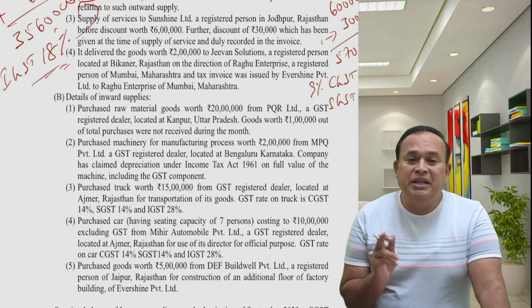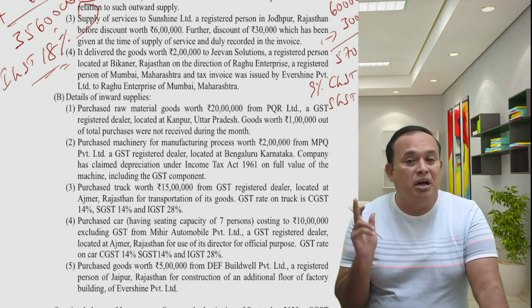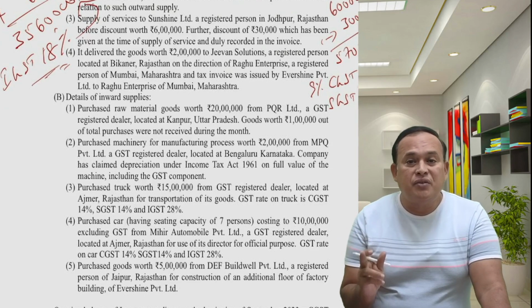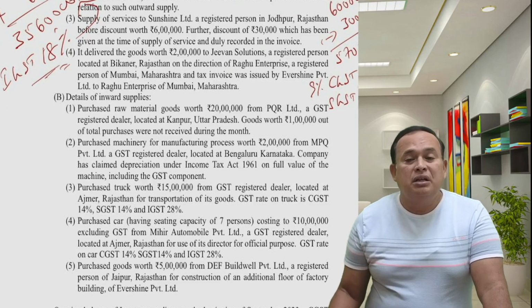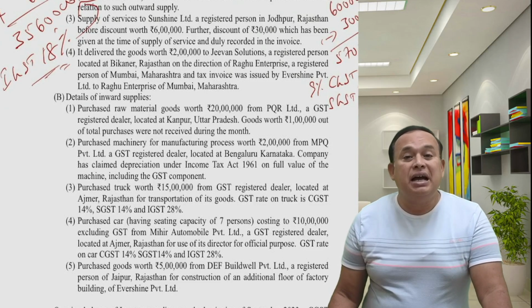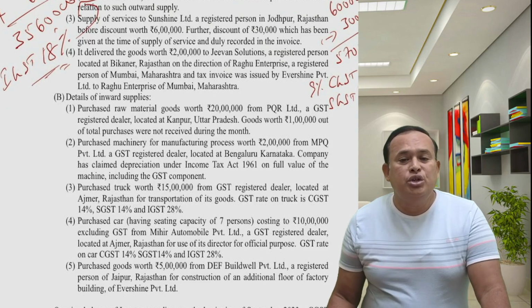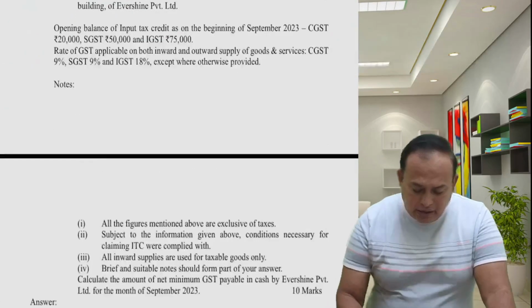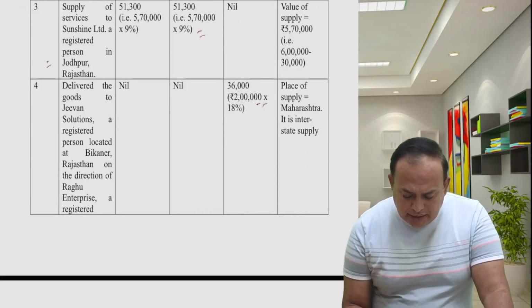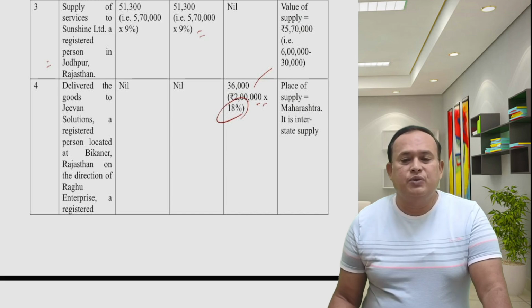However, upon the direction of a third person who is located in Maharashtra, the place of supply goes to Maharashtra. Location of supplier is Rajasthan. Therefore, interstate supply, it attracts the IGST on rupees 2 lakhs. So, IGST on rupees 2 lakhs at 18% is 36,000.